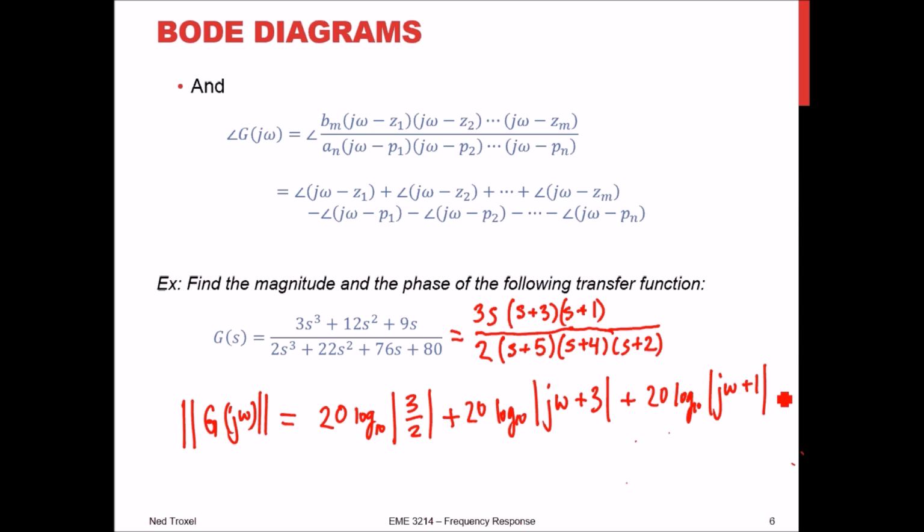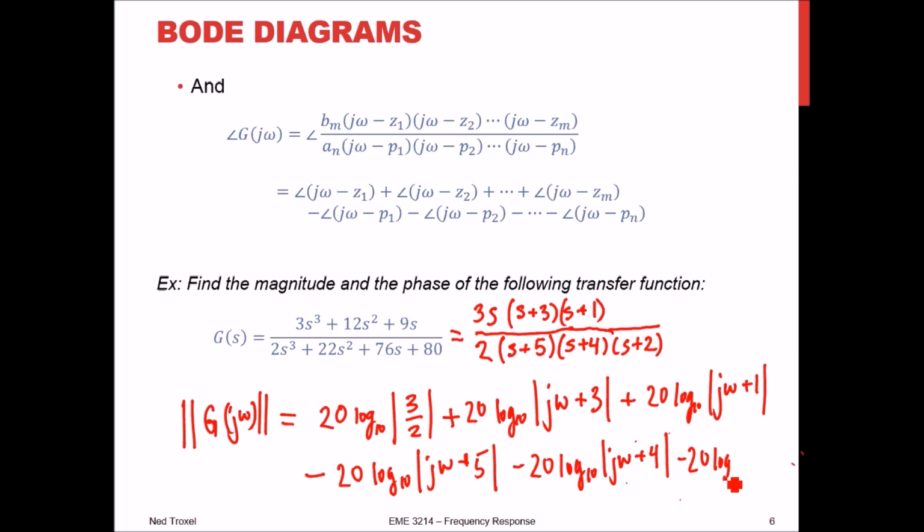Then I would wind up subtracting the 2 I've already taken care of here, but 20 log 10 of j omega plus 5, minus 20 log 10 of j omega plus 4, and finally minus 20 log 10 of j omega plus 2, all their magnitudes.